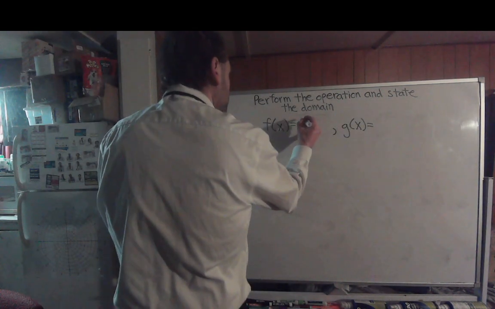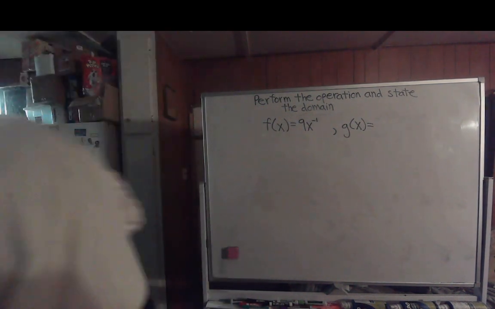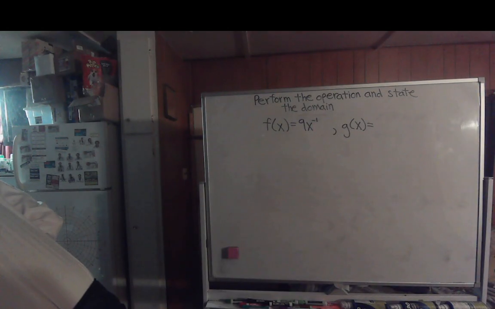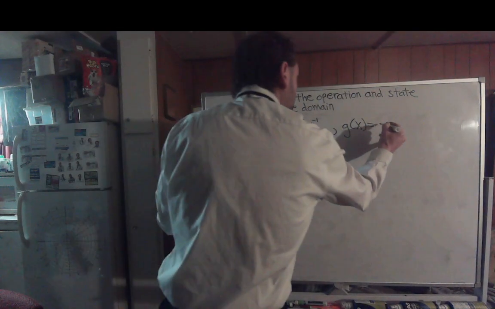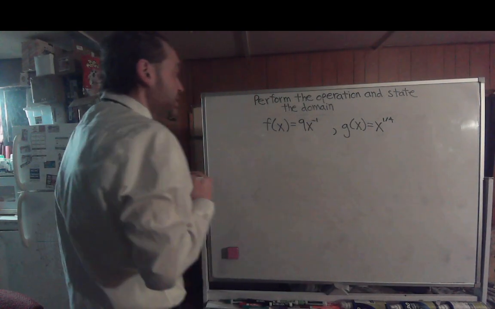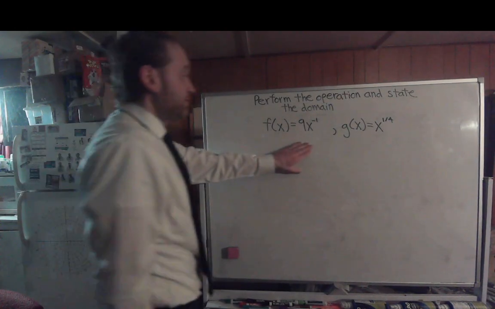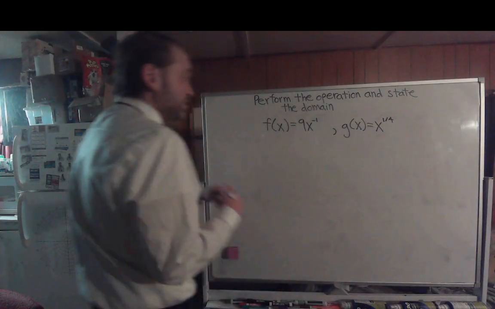f of x equals 9x to the negative first, g of x equals x to the 1/4. Okay, so we have f of x equals 9x to the negative first, g of x equals x to the 1/4.